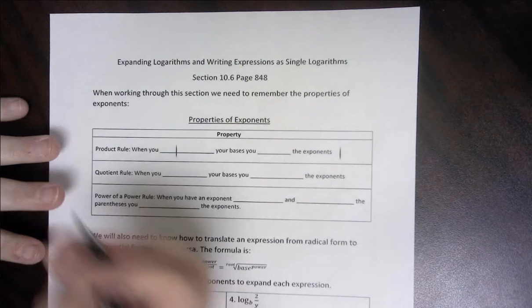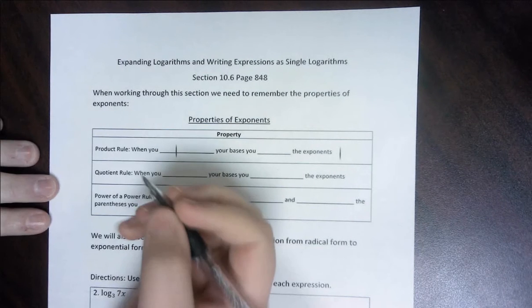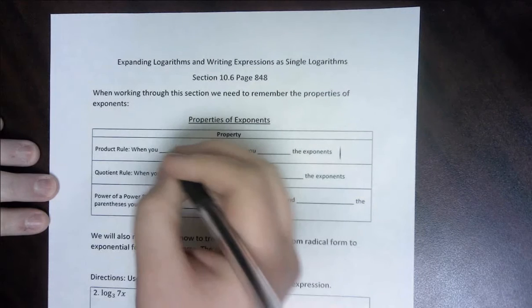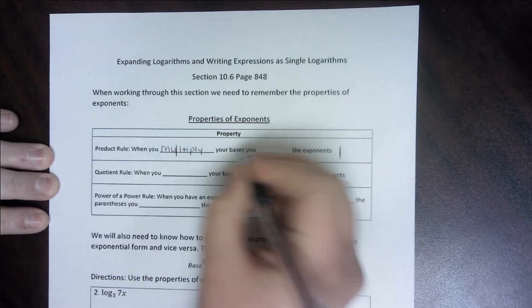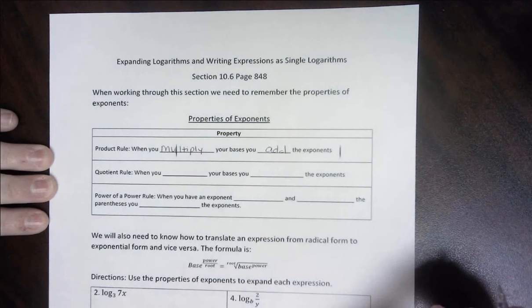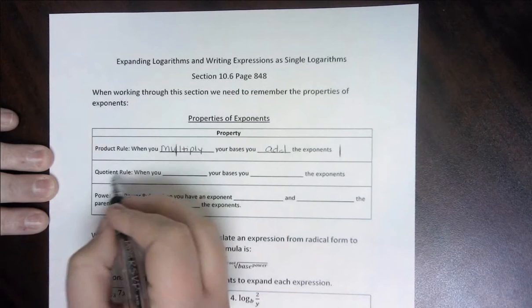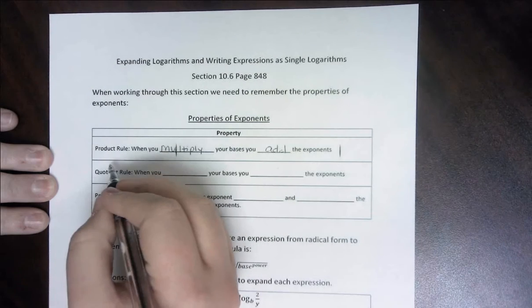So the product rule: remember a product is what you get when you multiply two numbers together. The product rule says that when you multiply your bases, you add the exponents together. Quotient: remember a quotient is what you get when you divide two numbers.